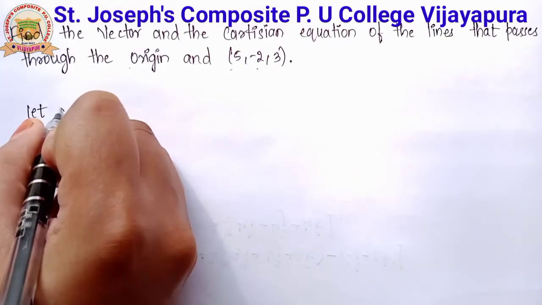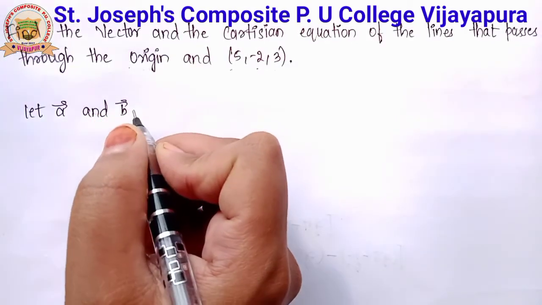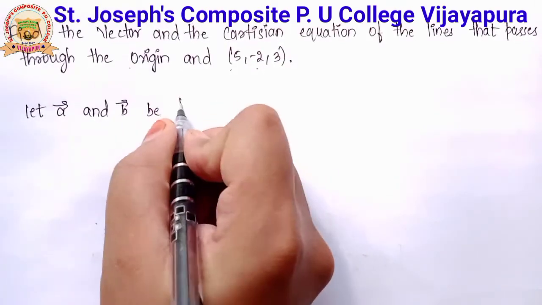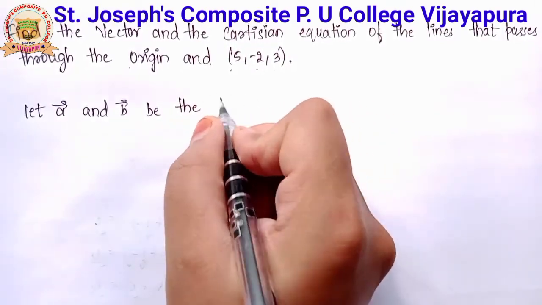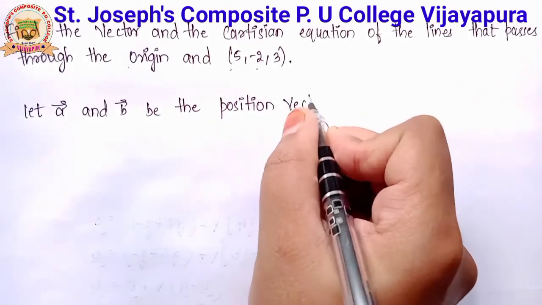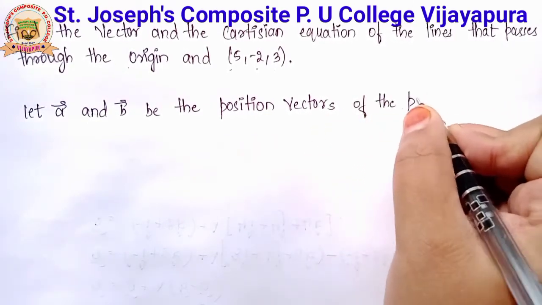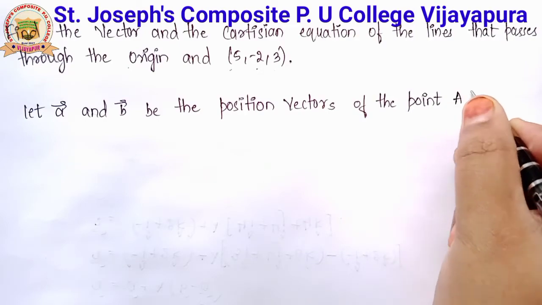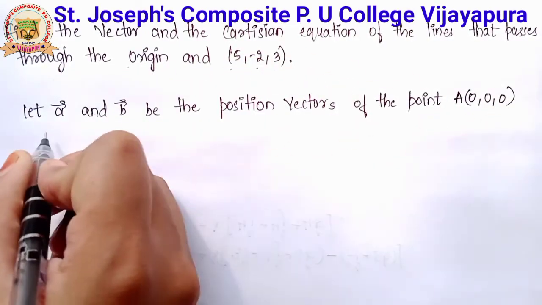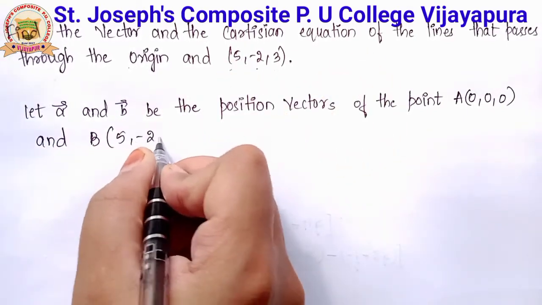Let vector A and vector B be the position vectors of the point A as the origin (0, 0, 0) and B as (5, -2, 3).